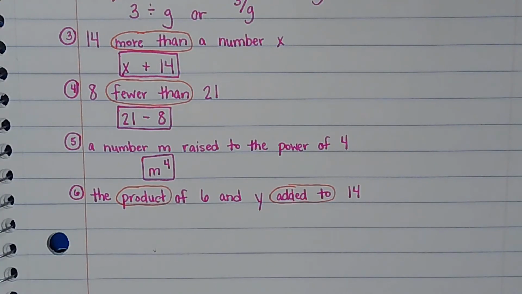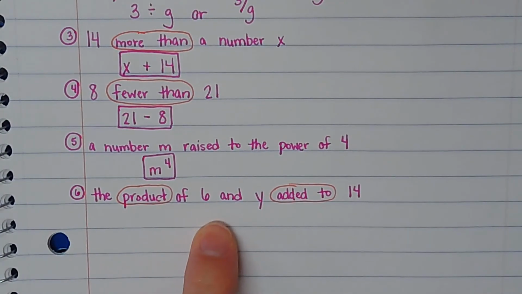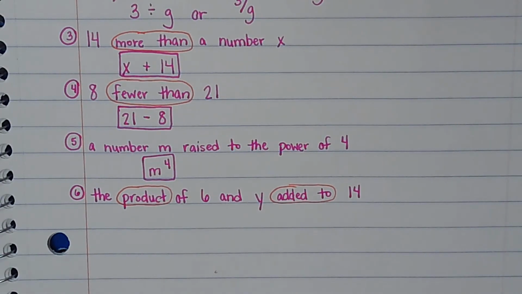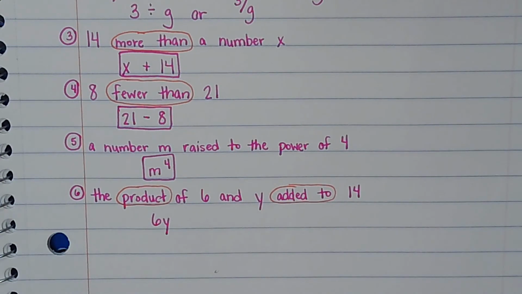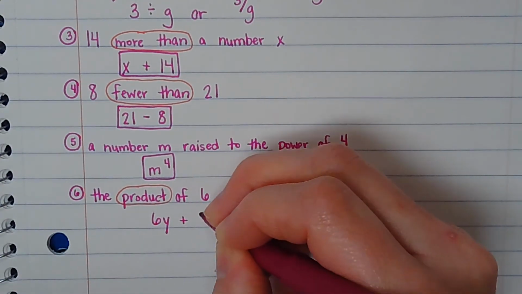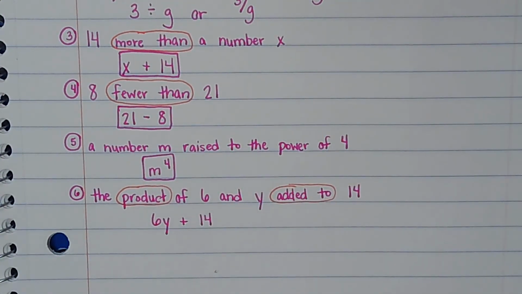Okay, so this is one of those things that you kind of have to piece together what goes together. So it says the product of 6 and y. So 6 and y go together. Product means you're multiplying, so you can say 6 times y, and then added to 14. Okay? And that would be your final.